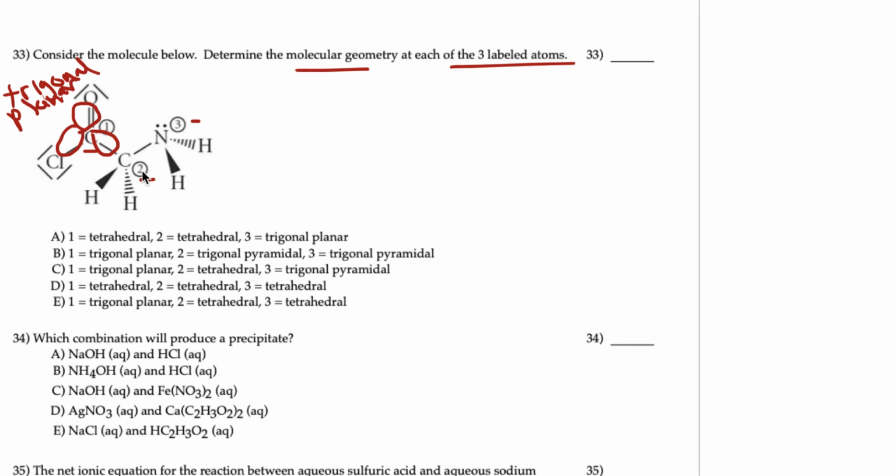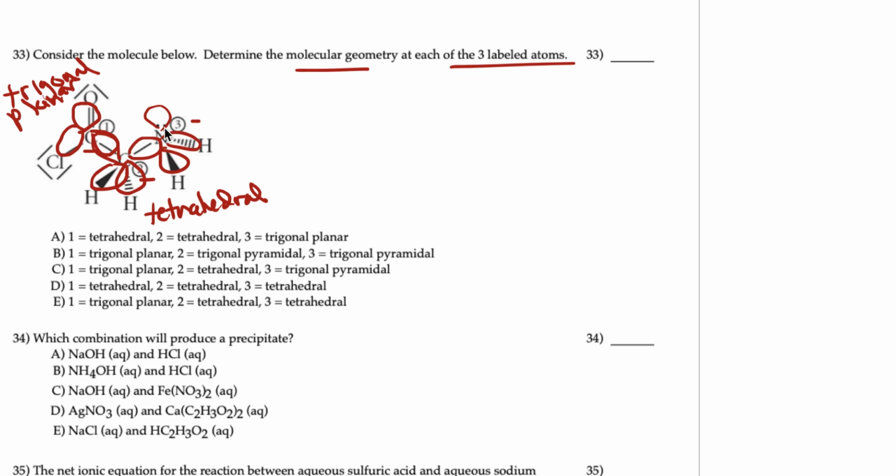And carbon number 2 has 1, 2, 3, 4 charge clouds, 0 lone pairs. There are 4 bonds, and so that would be tetrahedral. And then here, the nitrogen has 4 charge clouds, 1, 2, 3, and 4, but one of them is a lone pair.